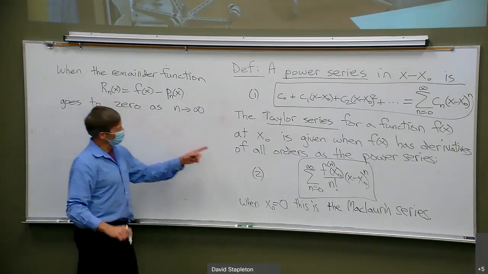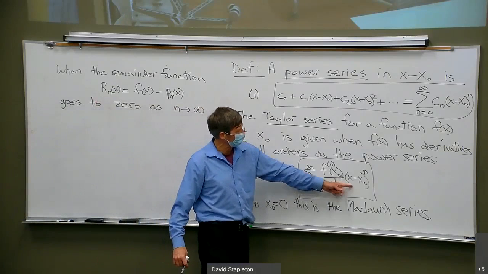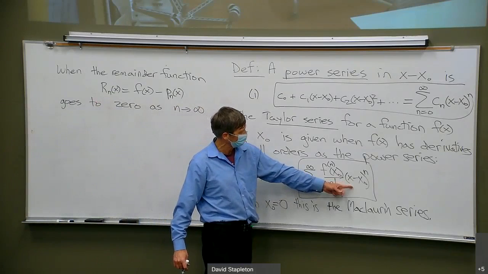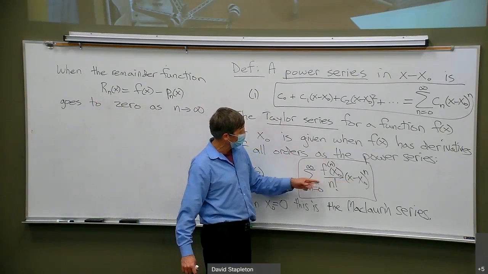That means that the errors between the first n terms of this and the actual function get smaller and smaller. In the limit, you get exact equality.